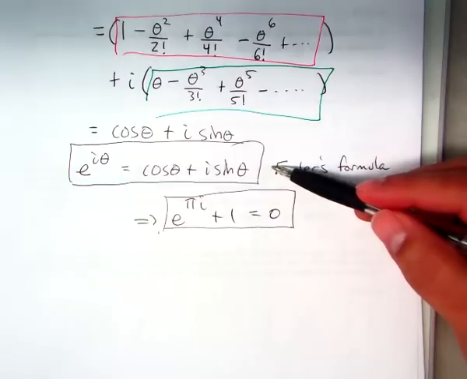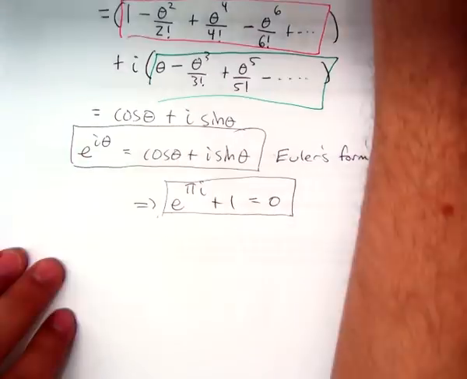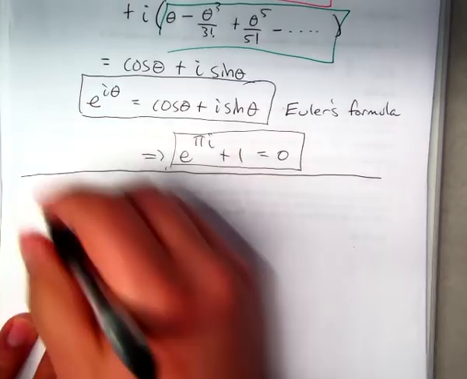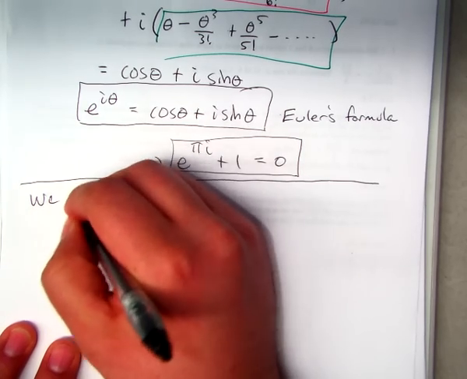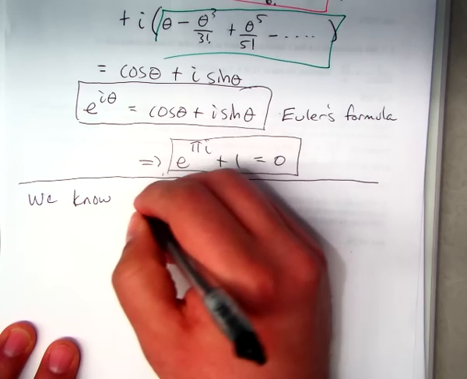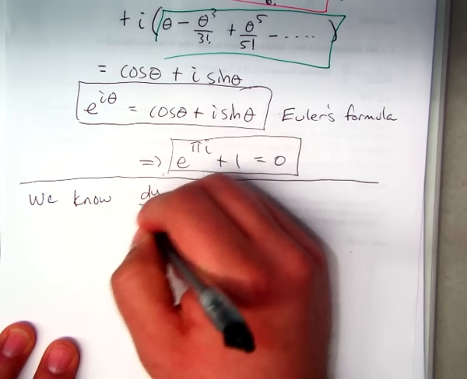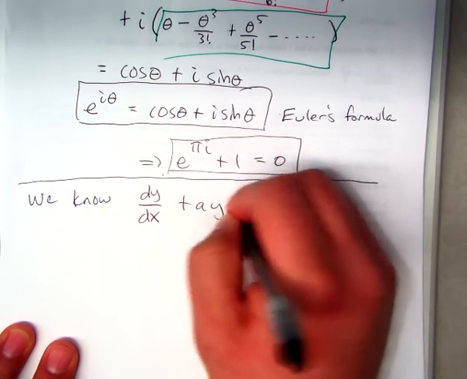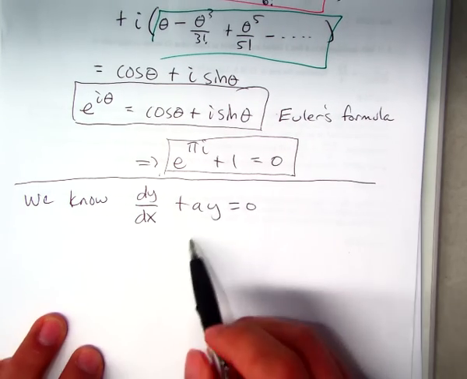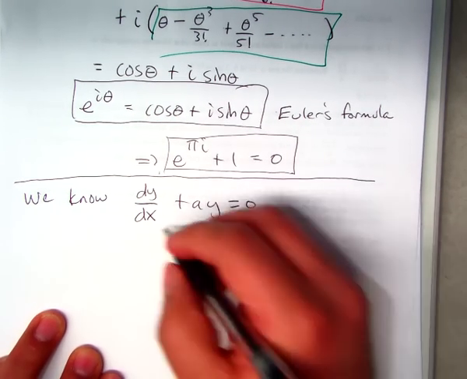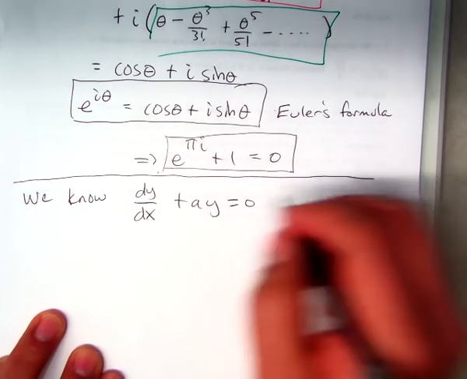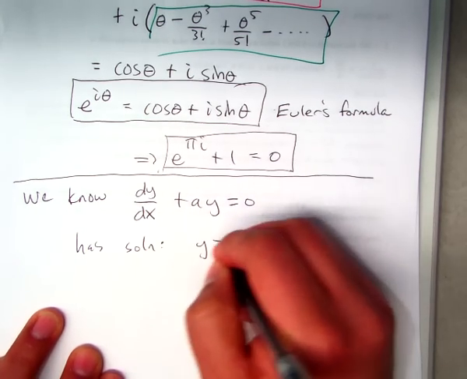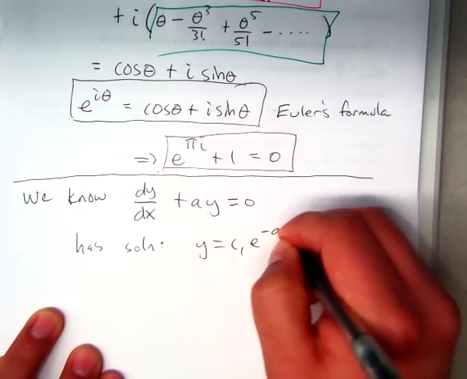All right, now we'll get into the diff EQ part. Okay, so as far as some of the stuff we've been doing, we know that for dy/dx plus ay equal to 0, it has a solution y equals c1 e to the minus ax.